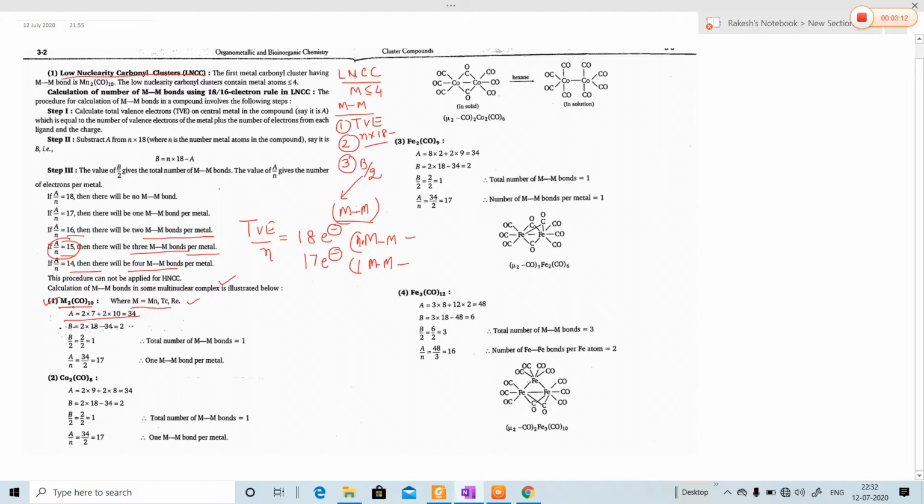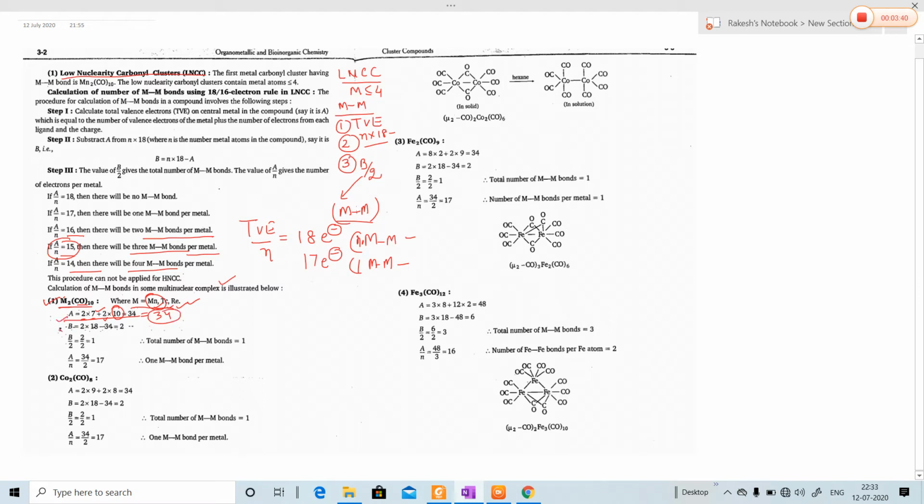So there are two metal atoms, value is equal to 2 into 7, where 7 means the number of valence electrons in manganese, technetium or rhenium, that is equal to 14, plus the number of electrons donated by each ligand, which is equal to 2. Similarly, there are 10 carbonyl molecules, then we will get 34.